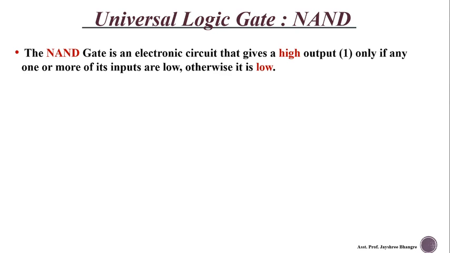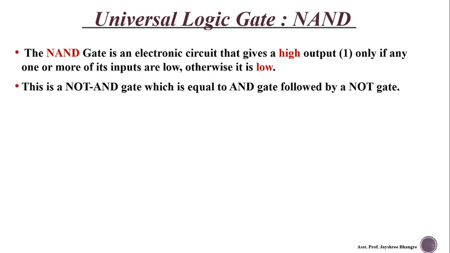So the first universal gate is the NAND gate, and it gives a high output if any one or more of its inputs are low, otherwise it is low. This NAND is nothing but AND plus NOT. AND gate plus NOT gate represents the NAND gate.